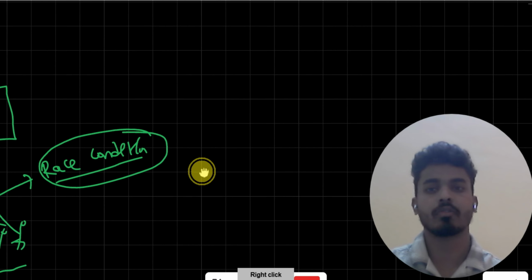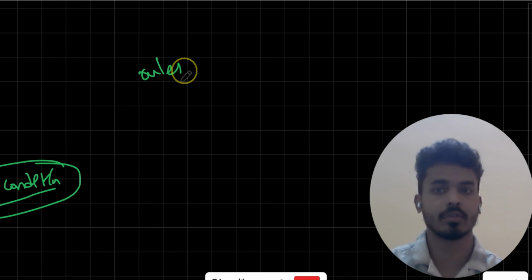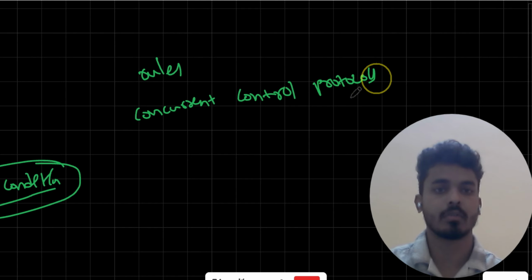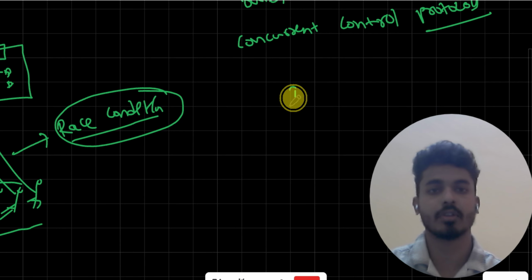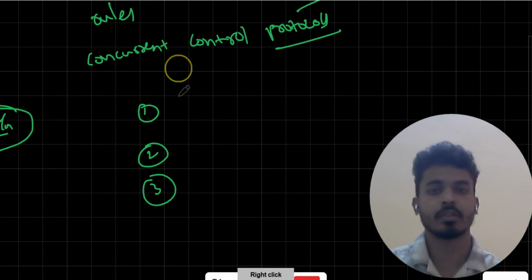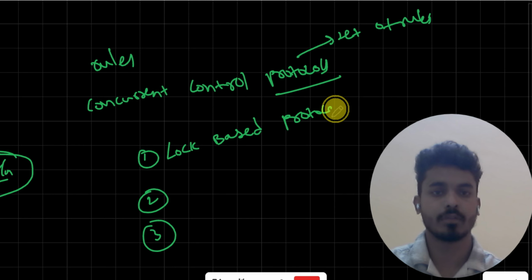So for that case they introduced some rules which are called concurrency control protocols. Protocols means a set of rules. There are mainly three protocols they introduced. First one is the lock based protocol.